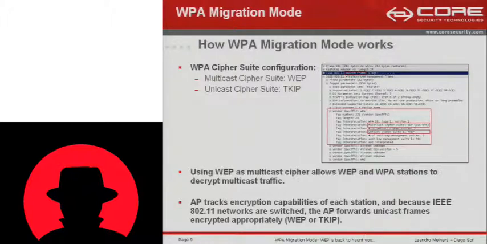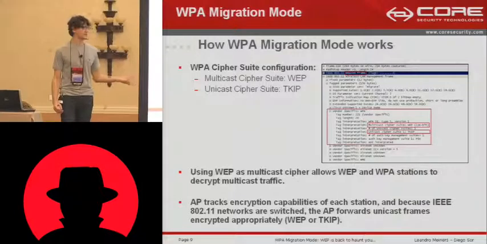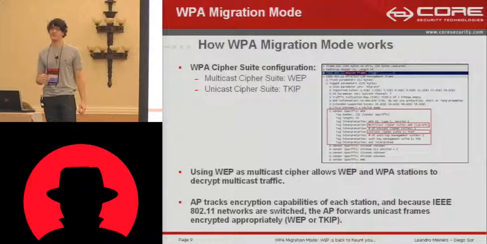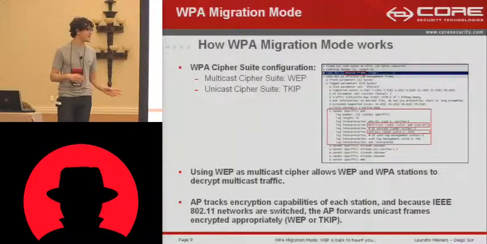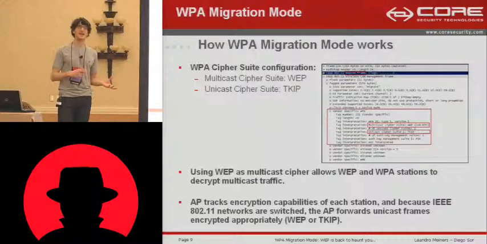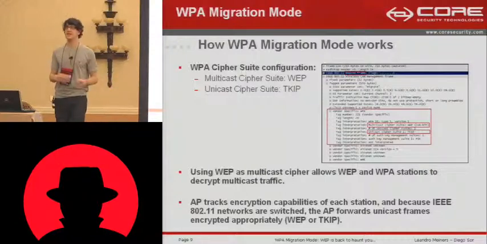So this AP will use WEP for multicast and broadcast, and for the stations that are only WEP stations. And it will use WPA for unicast traffic, that is, for WPA or TKIP stations in this case, right? So the AP tracks which station is WEP and which station is WPA, and forwards accordingly.